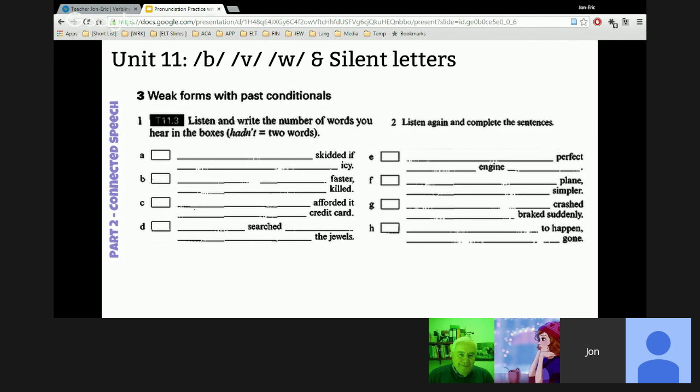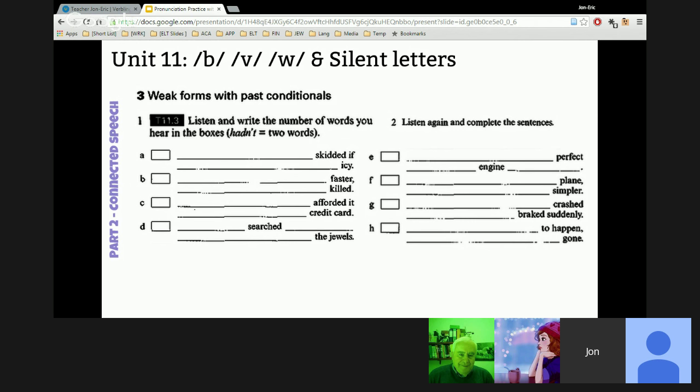But now listen to the sentence twice. If they'd searched more carefully, they might have found the jewels. So that means that the burglars didn't find something important. Okay, listen again, and then I want you to repeat. If they'd searched more carefully, they might have found the jewels.